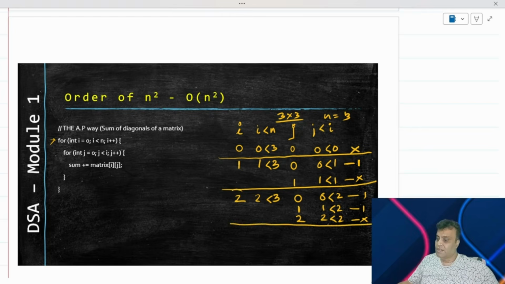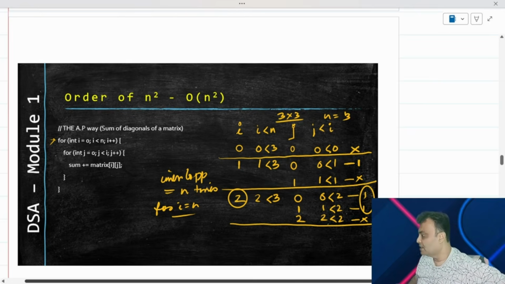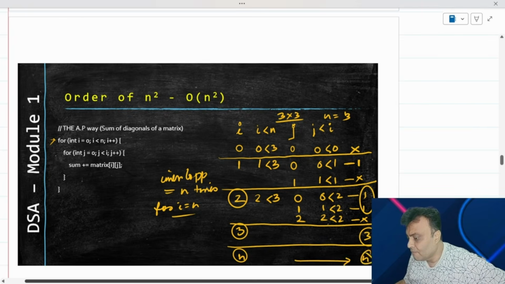So do we see that the number of times I is, that many number of times the inner loop runs. So can we say that inner loop runs n times for I equal to n? We can definitely say that. So can I say therefore for 3, this would run 3 times? Can I say for n, it will run n times.